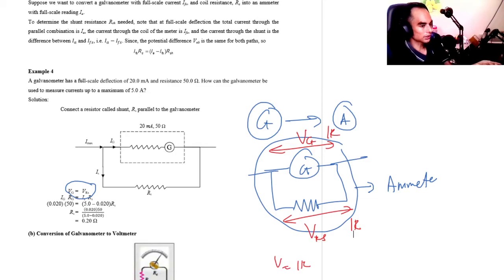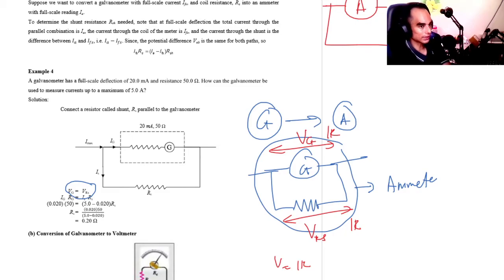An example, this is an example of a galvanometer. Okay, just remember, how to remember, let's say ammeter. Ammeter, if you put it into a circuit, you have to connect in series.